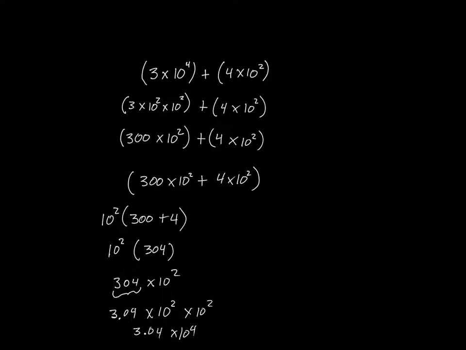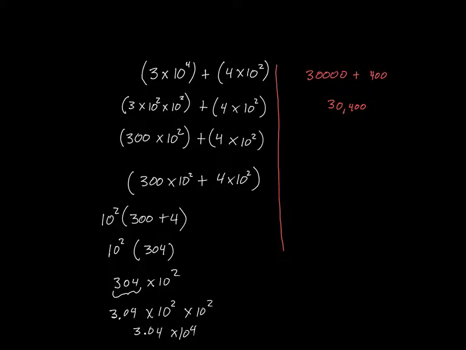Okay. If you want to see the proof using math that you already know, what we're going to do is just expand it. So we have 30,000 plus 400. When you add those two, you get 30,400. If you put it in scientific notation, remember your decimal point will be here.